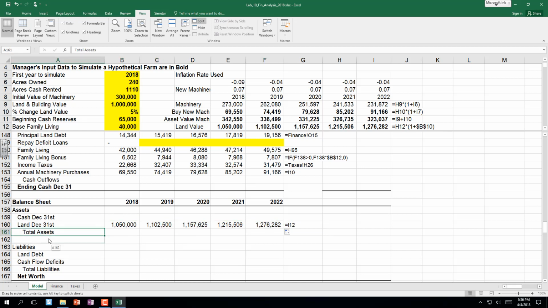I'm just going to move this word total assets down, and I'm going to put in machinery value. And that's equal to this asset value of machinery that I had in E11.